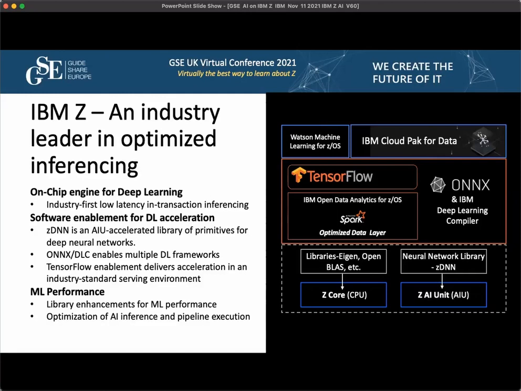We're also introducing a new library to be able to leverage the acceleration that we're providing on our AI inference accelerator, or AI unit, as we call it, on the Telum chip. And you'll see a lot of the details on that.